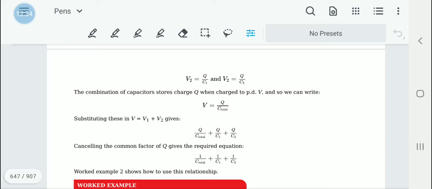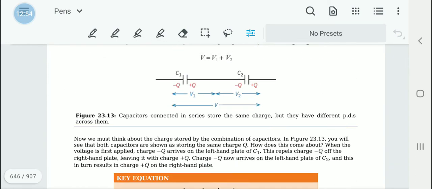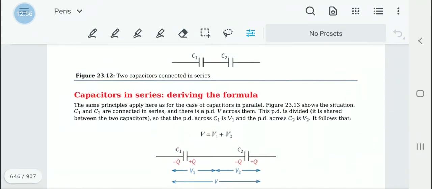When substituting these values into V equals V1 plus V2, we get Q upon C total equals Q upon C1 plus Q upon C2. So Q upon C1 is obtained here from this.